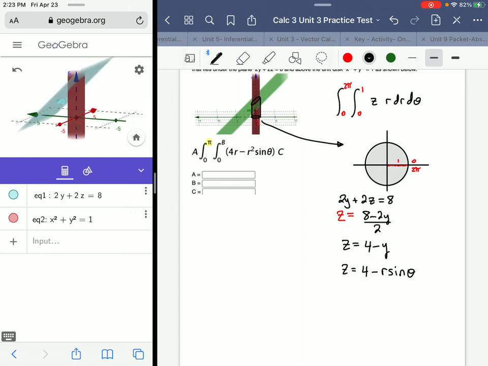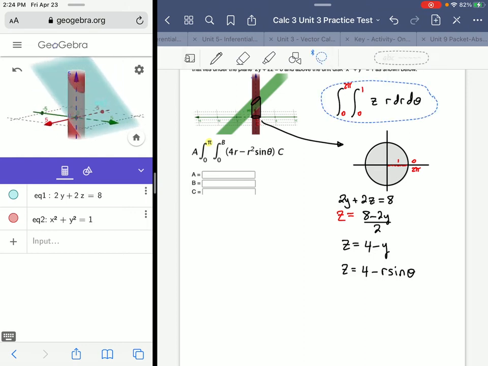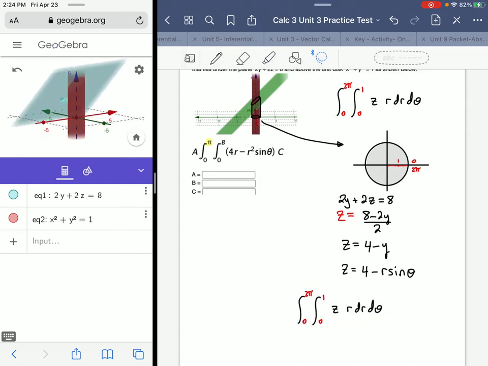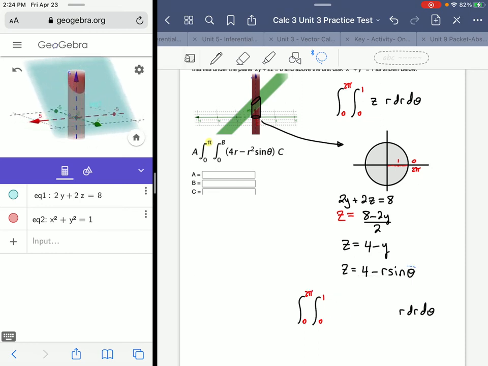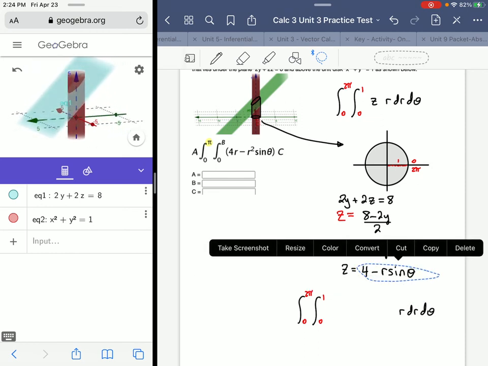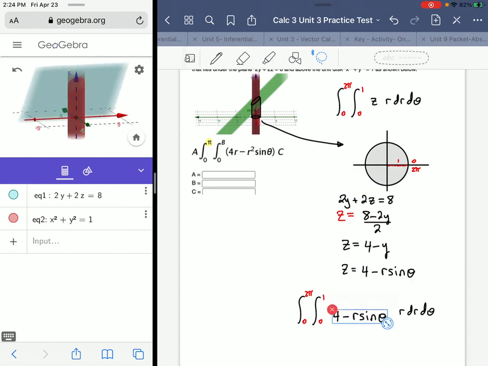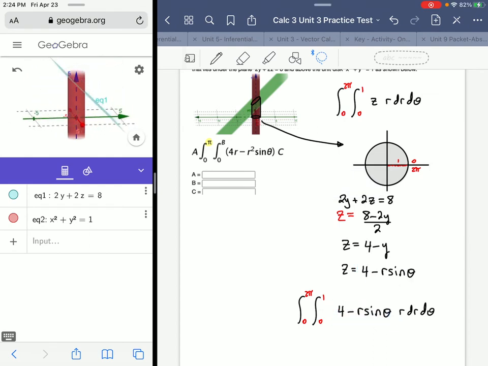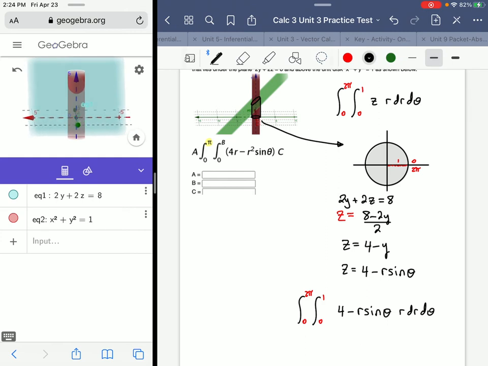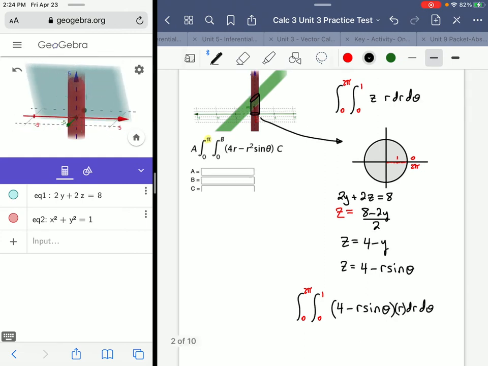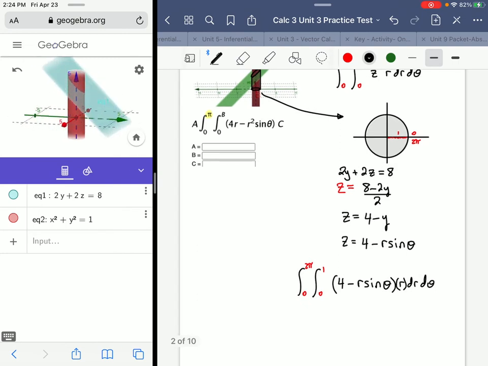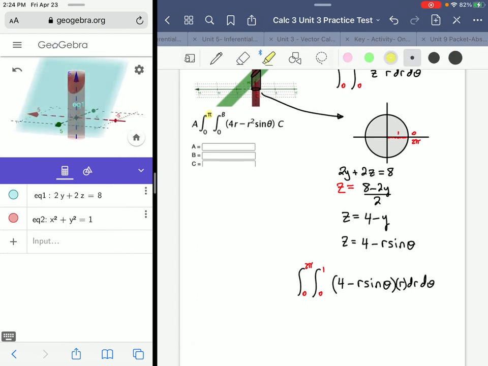So, my double integral, let me just do a quick reproduction, is going to have, instead of the z, the 4 minus r sine of theta, multiplied by the r that's already there, would give us the integrand that they told us in the problem.